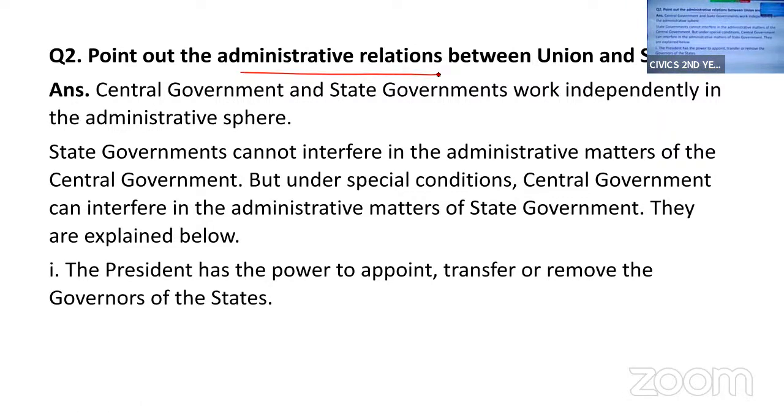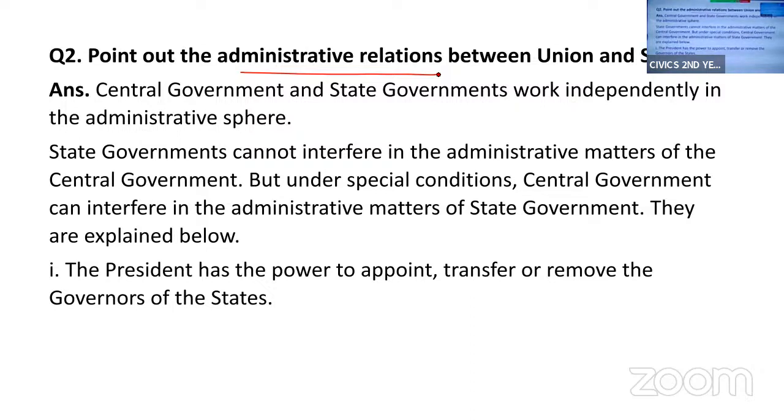Administrative relations. See, our constitution has clearly divided the powers between the central and the state government. Both central government and state government work independently in administrative matters.